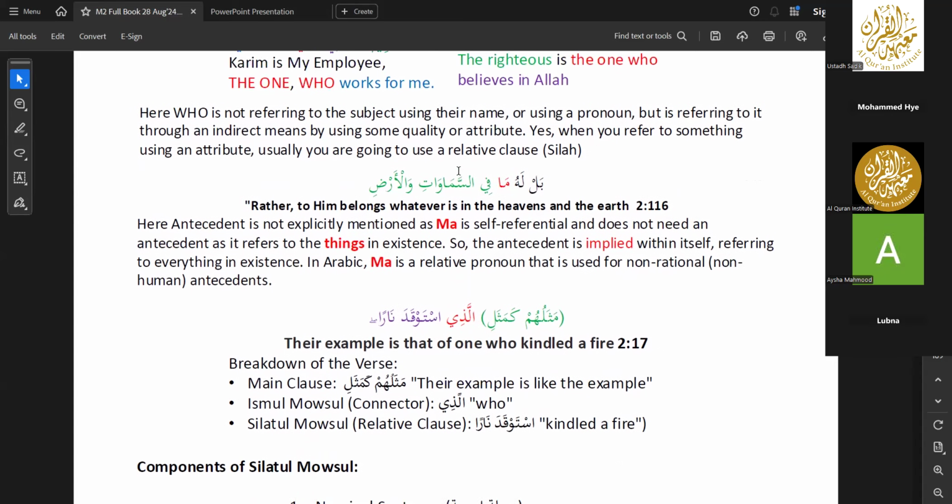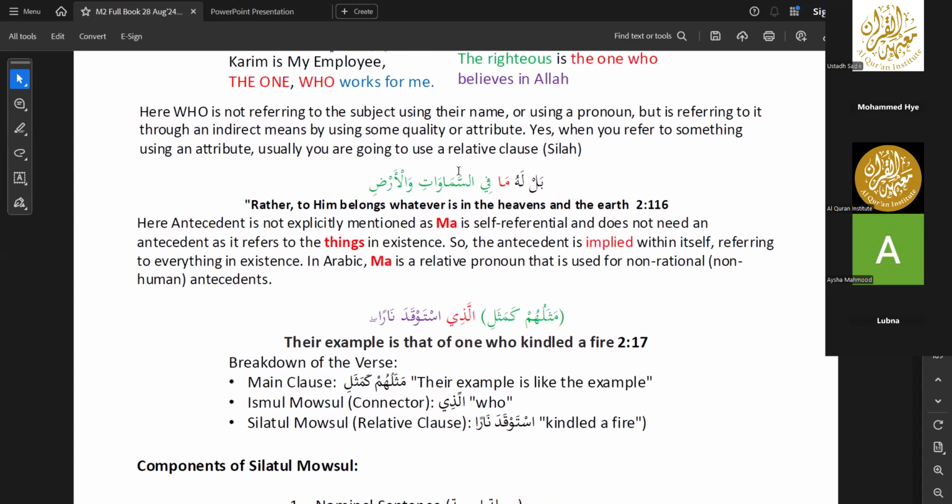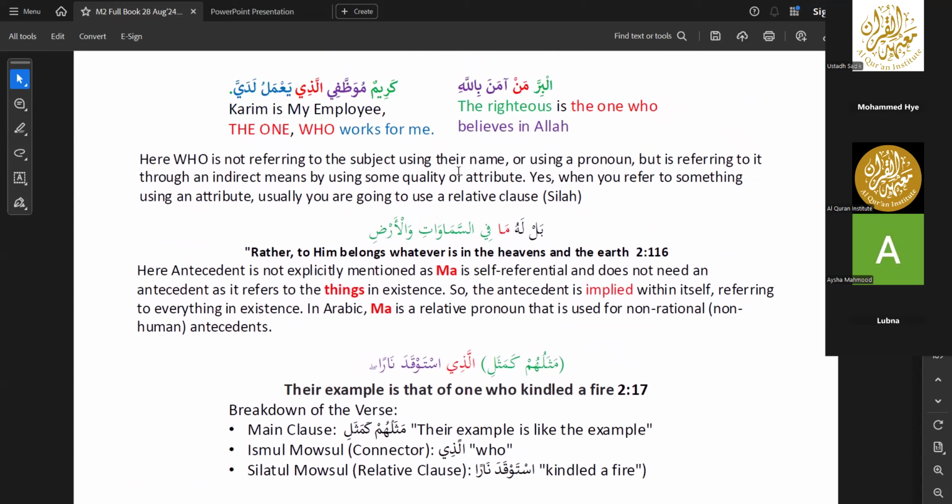Relative pronouns we learned in module 1, like allazi, allati, and things like that. How many more of these do we have altogether? That's 4 only, Ustad. Alladhi, alladhina, allati, and then man and ma. These 4 you learn to start.